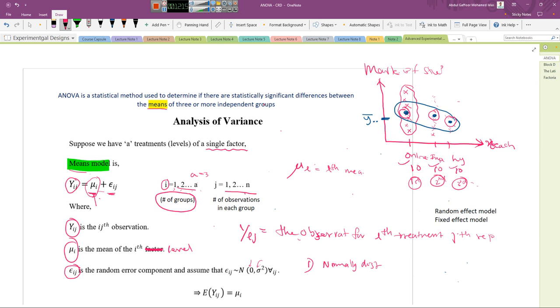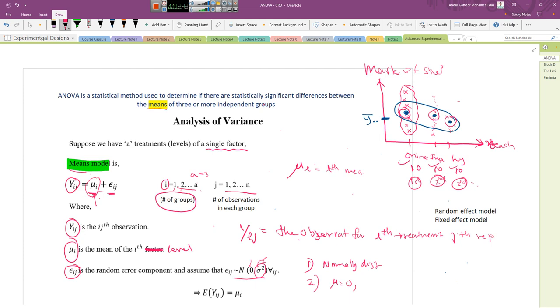Here mu is 0, so the mean of the error term is 0 with a constant variance. This is called homoscedasticity, which means the variance is constant over the range of the independent variable. So this is just an assumption for the error term.